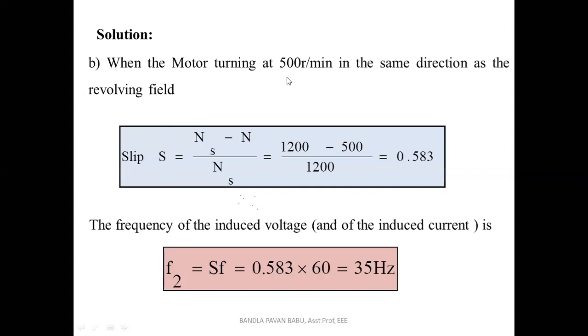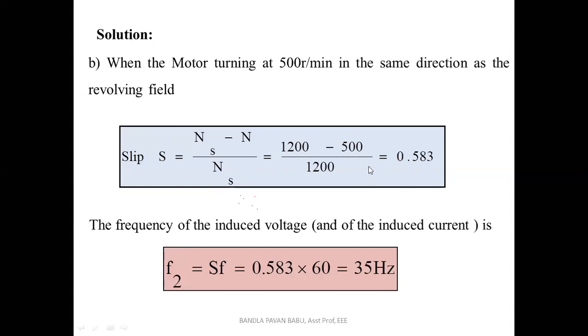Next, what about case B? The motor is turning at 500 rotations per minute in the same direction as the revolving field. What is the condition there? We already know the rotating magnetic field in the stator, that is the synchronous speed, is 1200. If the rotor is running at 500 in the same direction, n is positive. By substituting the n value, we get the slip as 0.583. Next, at this slip, what is the rotor frequency?